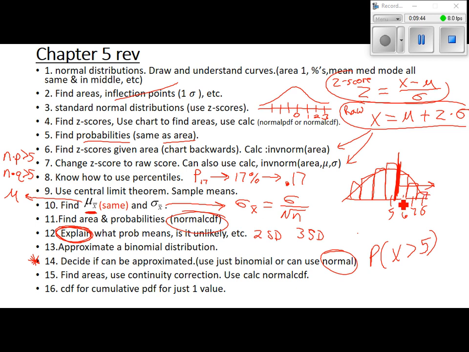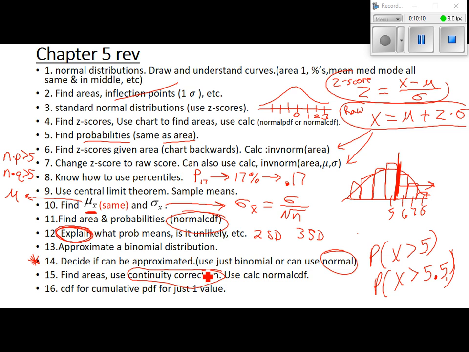So we're not going to actually start at 5, so that's where we need to change this to x is greater than 5.5, or going the other way. We have to be able to switch them around and fix that. That's the continuity correction. You've got to be able to change that up to fit it.